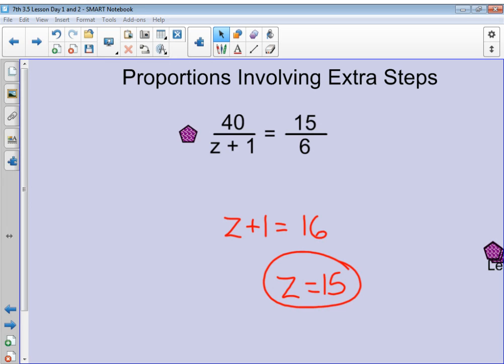Don't forget that final step of isolating the variable. Well, that's it for this part of the lesson, so good luck. Just remember, when you've got more than one step, it's a cross multiply and then solve. So make sure that you're doing those final steps of adding and subtracting or multiplying and dividing to isolate that variable.